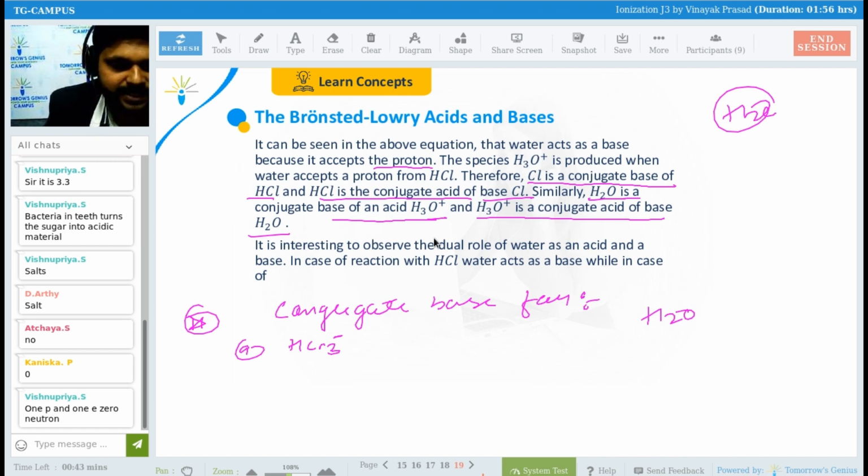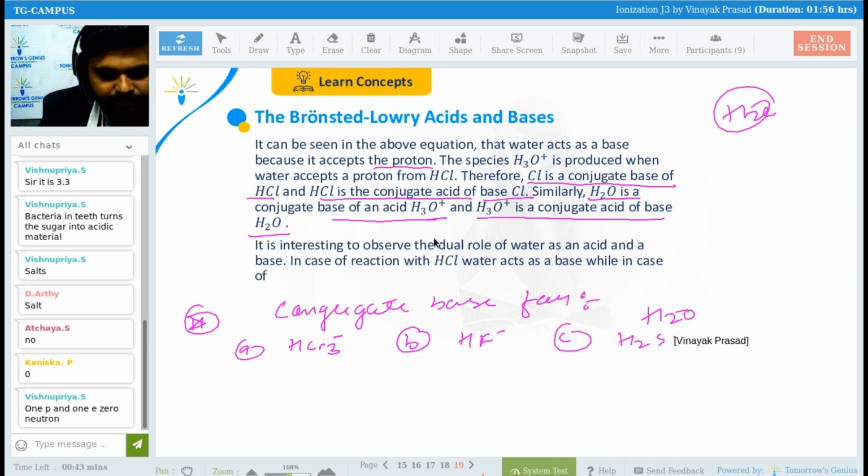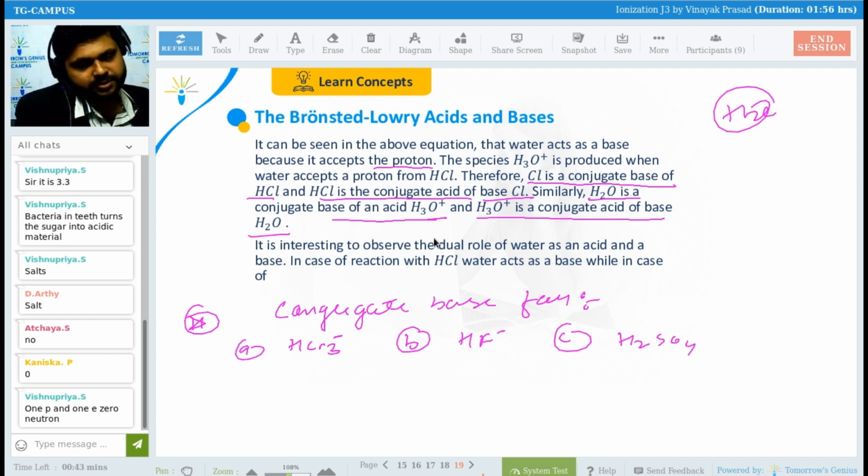What will be the conjugate base for this? One is this. One more question is HF minus. And one more is H2SO4. These are three questions, and you have to tell me the conjugate bases for these molecules: HCO3 minus, HF minus, H2SO4. You have to tell me the conjugate base for all of these.